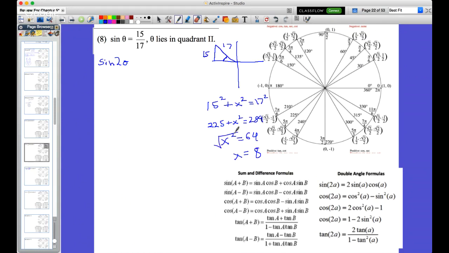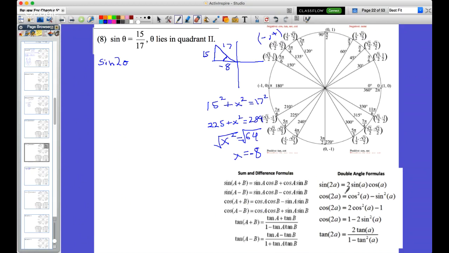Because remember, when I square root, we get the positive or the negative. But in this case, it's all about what quadrant. In my quadrant, I know my x value is negative. So your y value should be positive, your x value should be negative, because in quadrant 2, we have negative x's and positive y's. So how do I find the sine of 2 theta?